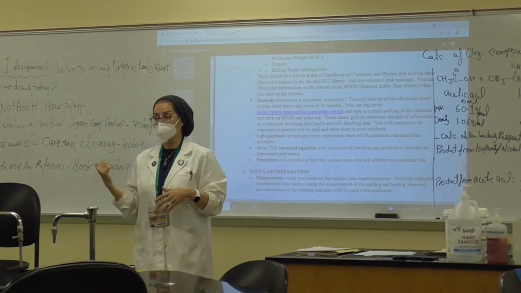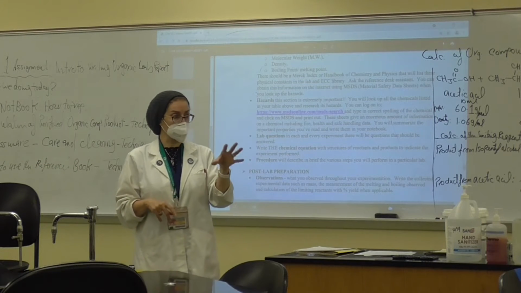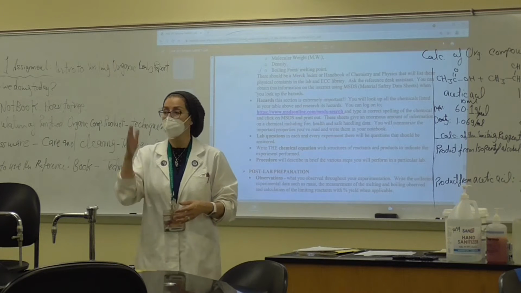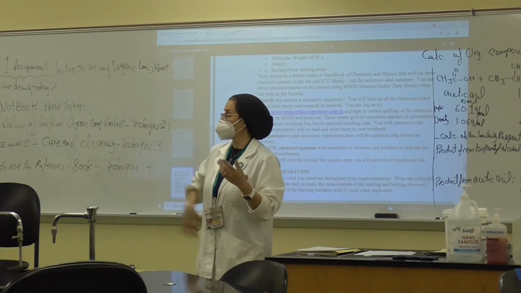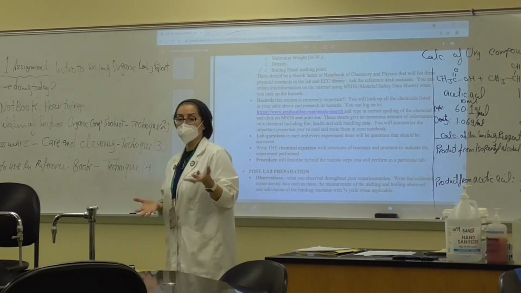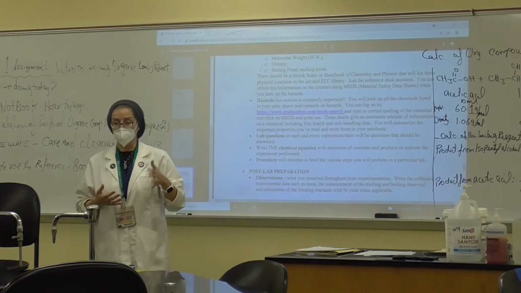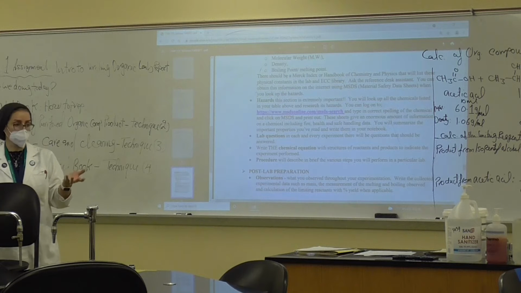I gave you the ACS link, and in the e-book that you have for the manual, they refer to the American Chemical Society and how to write the lab report. So this is how we are going to go through these when we write our own.